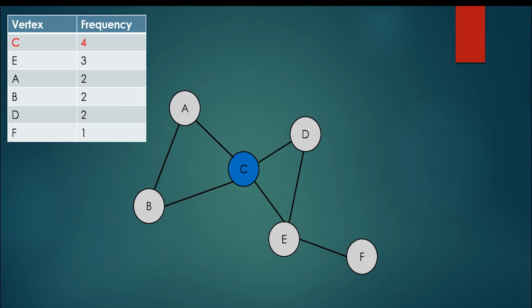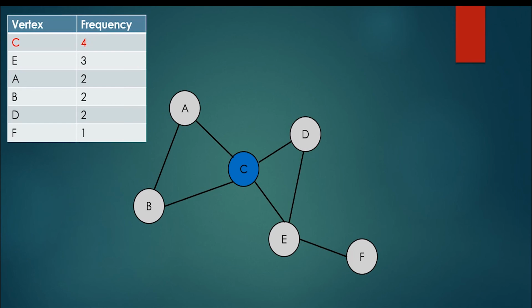We set the color to blue, for example, and we cross it over. I mean, it is no longer in the list, so I denoted it with color red in our table. And we keep iterating through the list and check whether there are any nodes we can set the color blue.